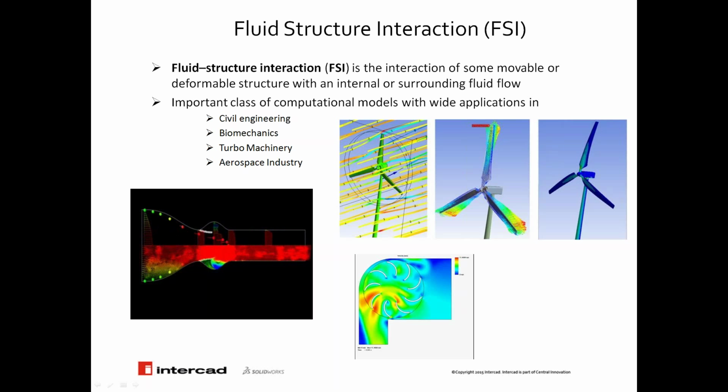This brings us a very important class of computational model with a wide range of applications in civil engineering, biomechanics, turbo machinery, and the aerospace industry. Therefore, it is very important to understand how we can do this coupling, how this analysis should be approached, what the different methods are, and what we can get from each method.